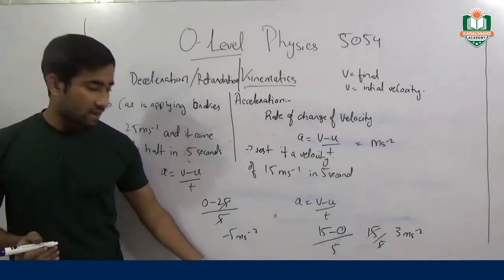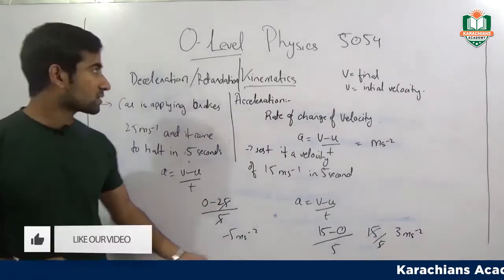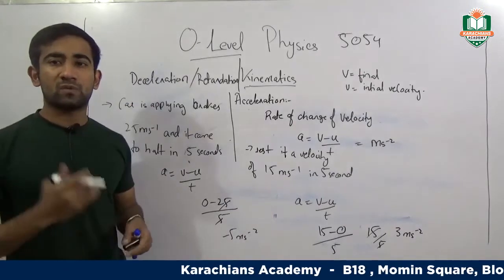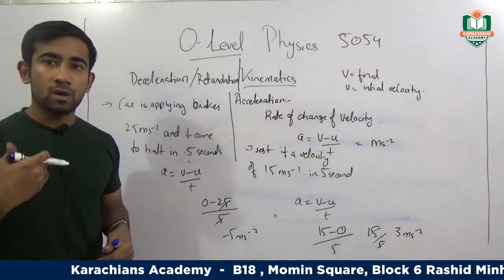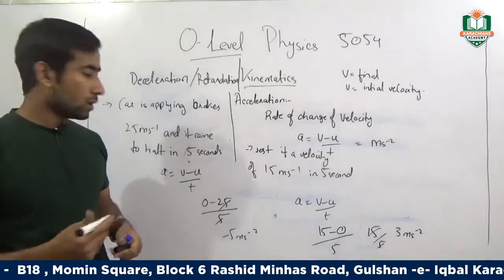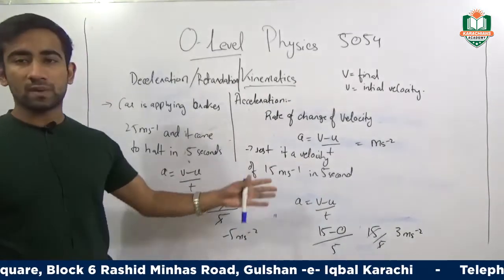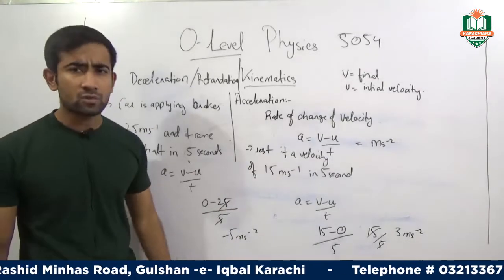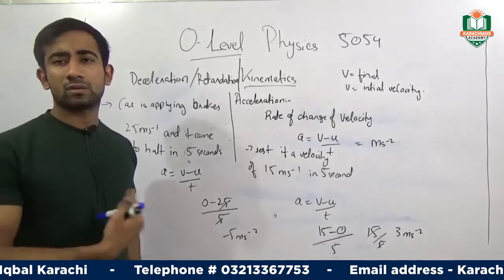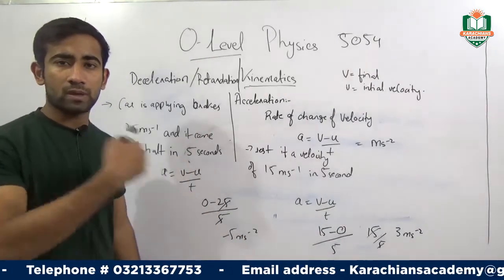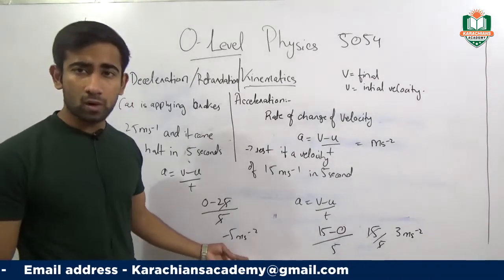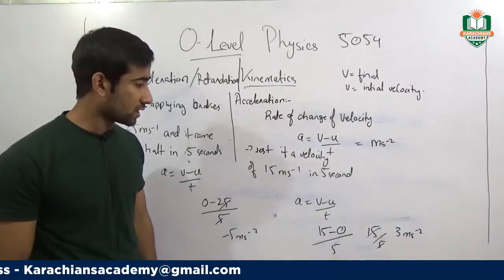So acceleration this time is negative, and negative acceleration is known as retardation or deceleration, and it comes into perspective when some body is decreasing its speed, or it is decreasing in velocity per unit time. So deceleration is opposite to that of acceleration, and it's usually applied to cases in which cars are applying brakes, or some body is slowing down from its original motion. So minus 5 meters per second square is the acceleration in this case.